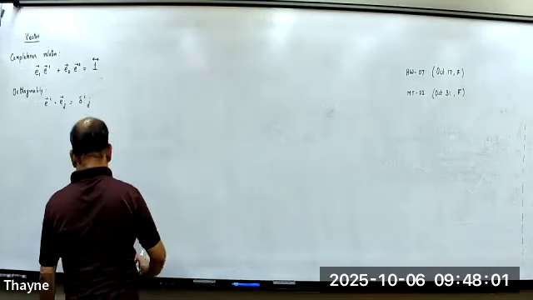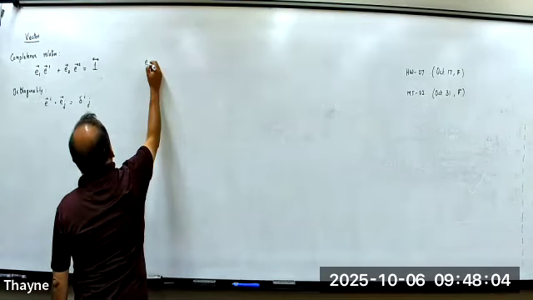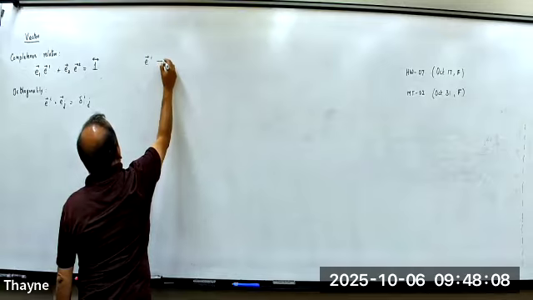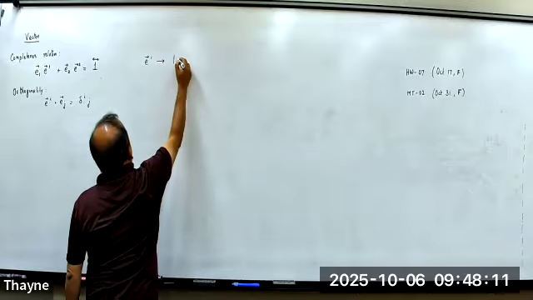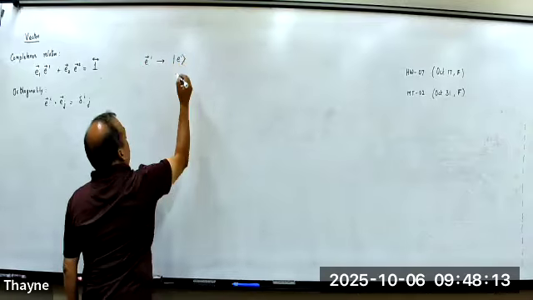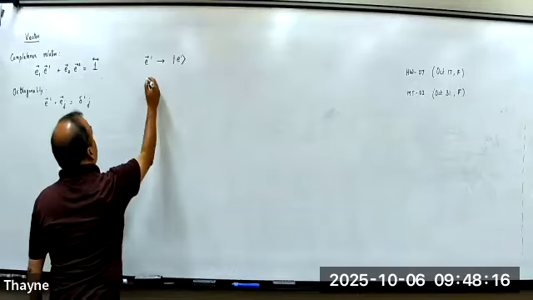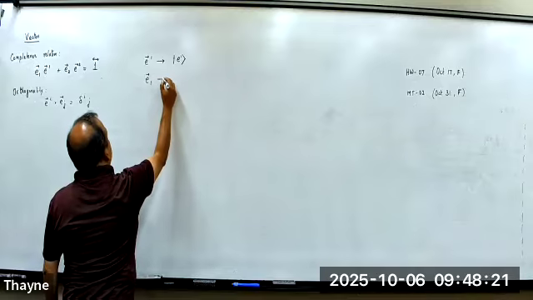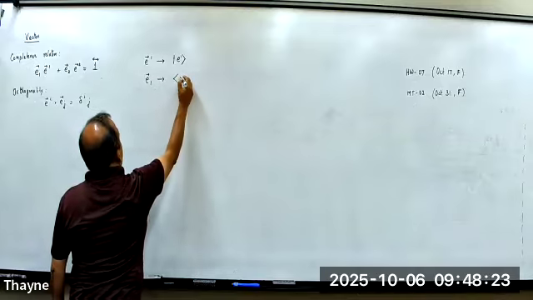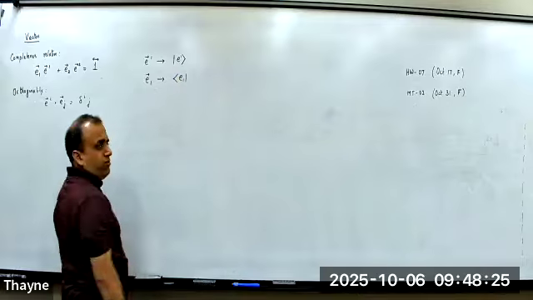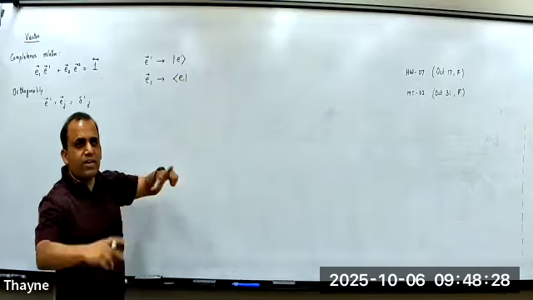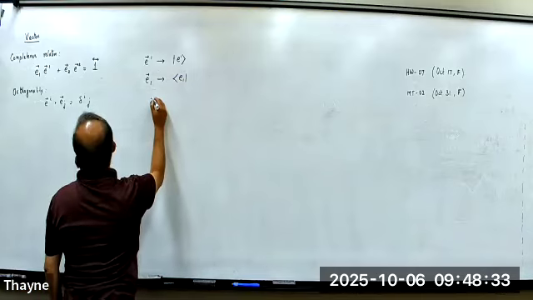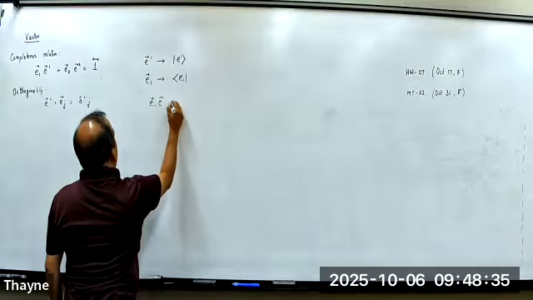So, how about this? You write this as e1, and you write this as e2. So instead of writing a vector, you start writing a bra and a ket.